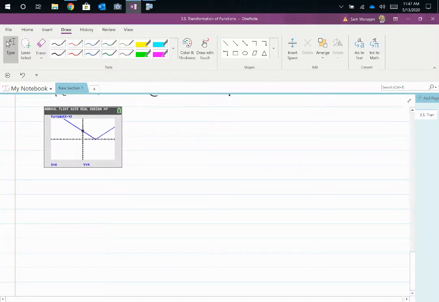If I wanted to write this, this is the square root function. So if you were in class, I would be asking if we were going right or left here.